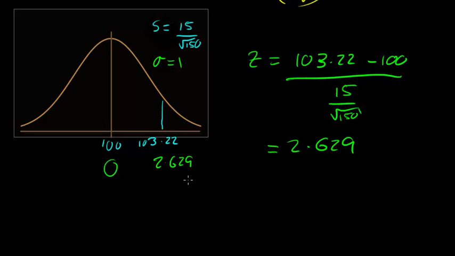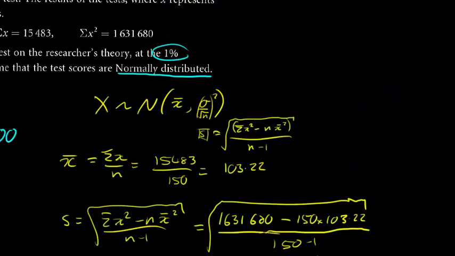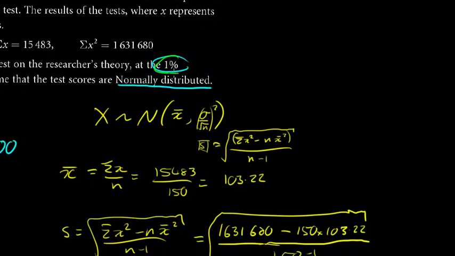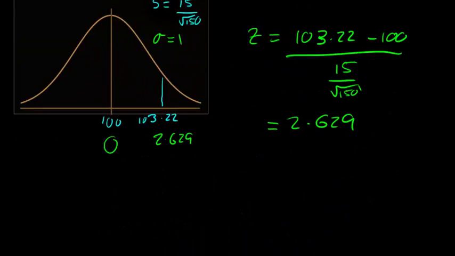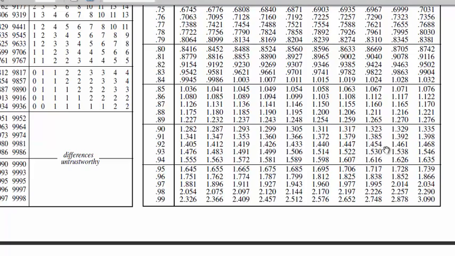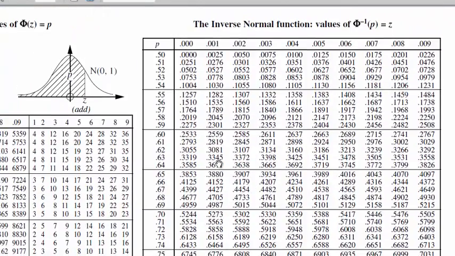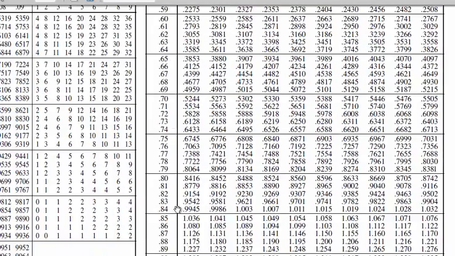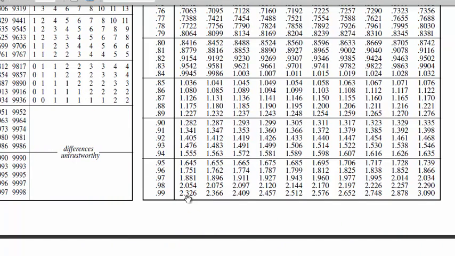Now, the question asked us for a 1% significance level. So, as I've said before, I like to look at that up in my tables. 1% would mean 99% on this side, because it's 1% on this side. And on my tables, and here are my tables, the inverse function, I just need the 99 on this side. And there's my value, 2.326.